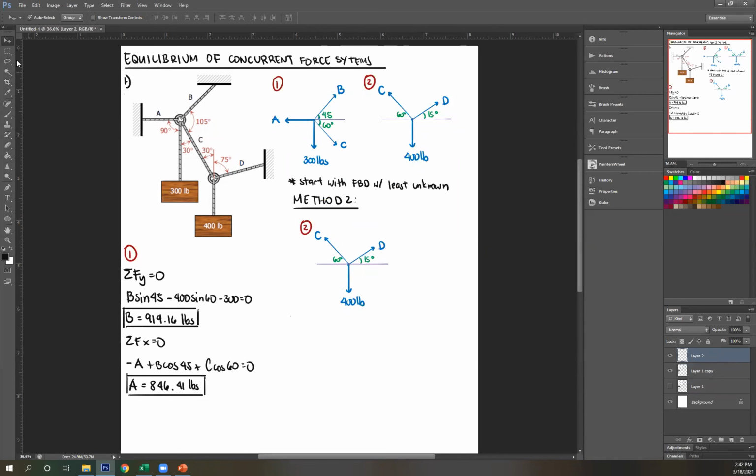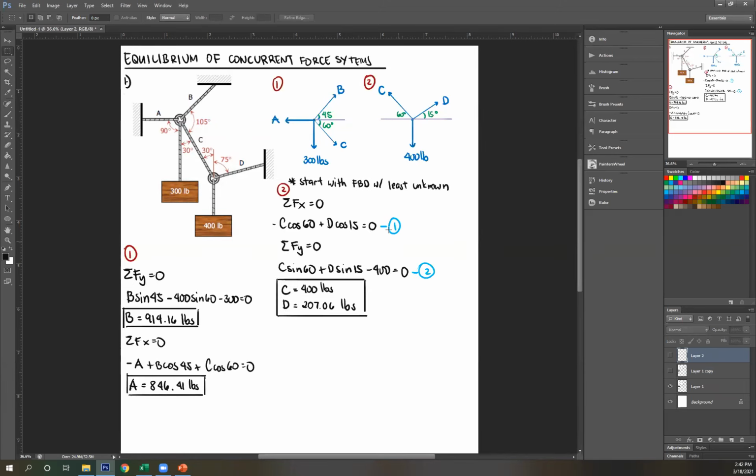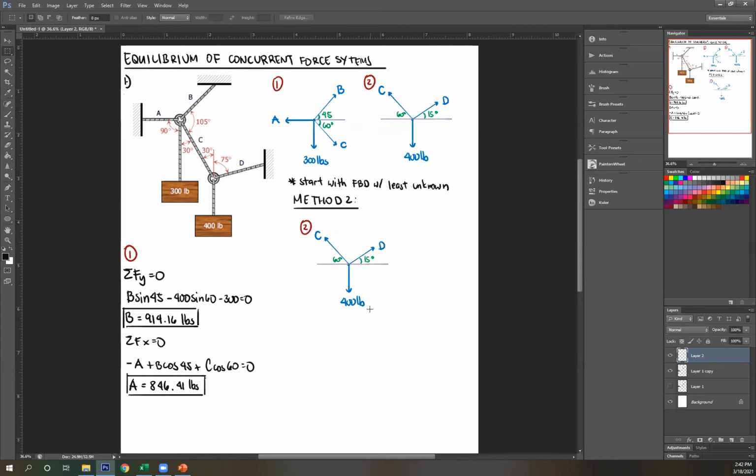So once again, the purpose of rotating your axis is, if you've noticed in our first solution, I had two equations, two unknowns. So we're rotating axis to eliminate that, so that we have an equation similar to your free body diagram 1, where I'm able to solve immediately for an unknown.